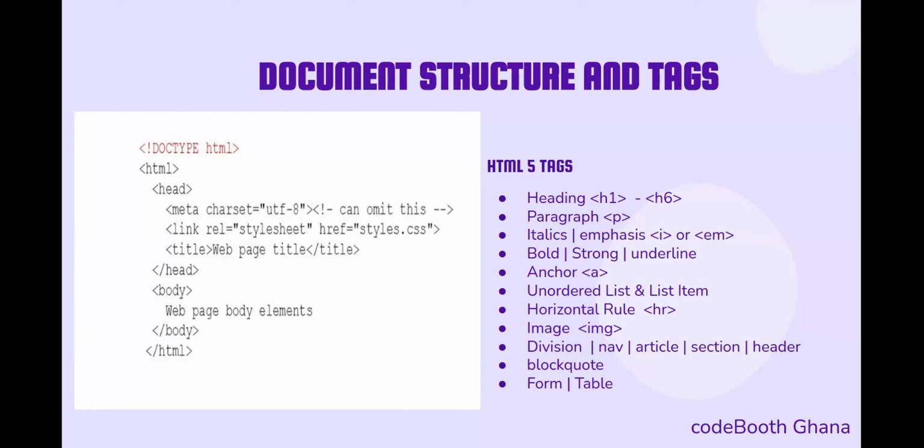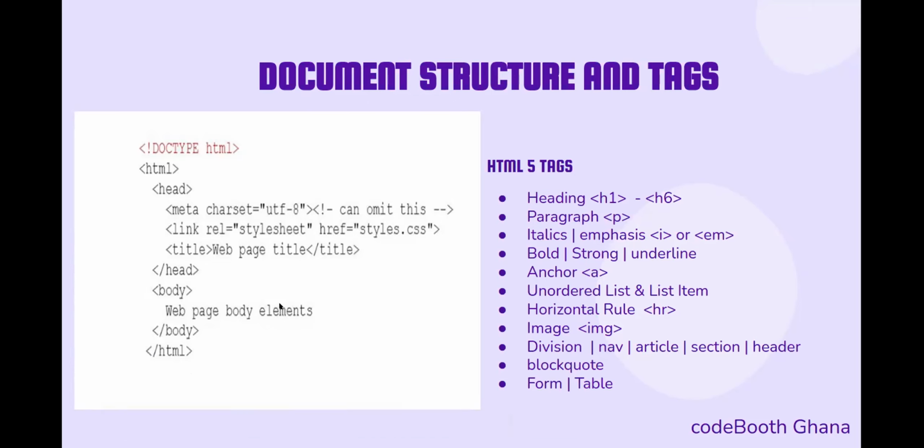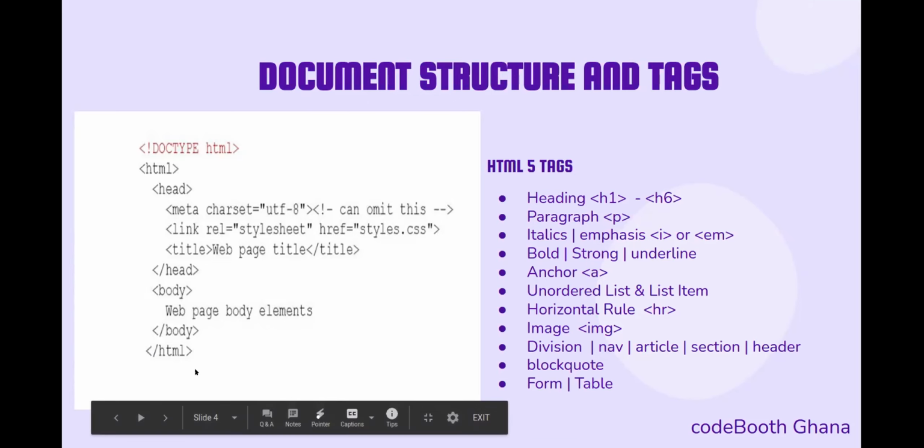There's no other tag outside this apart from the document type you declared at the top. If you write anything outside the last HTML tag, it will not be rendered in the browser.